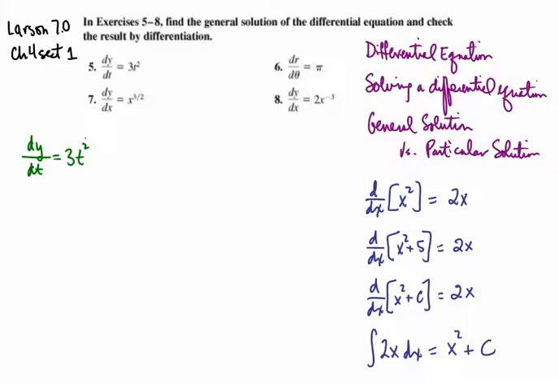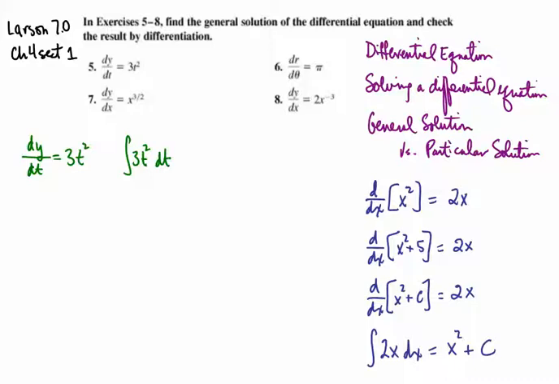Now we can write integration notation. We solve differential equations by the process of integration. So writing the integral of 3t squared dt is how we would find the general solution to the differential equation dy/dt is equal to 3t squared.